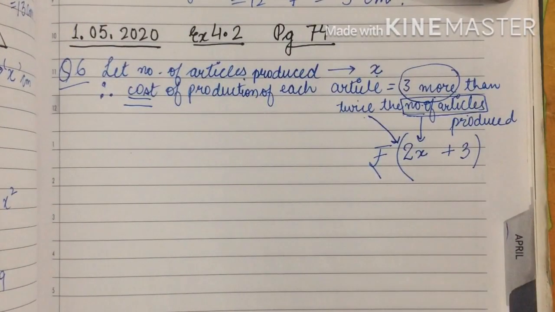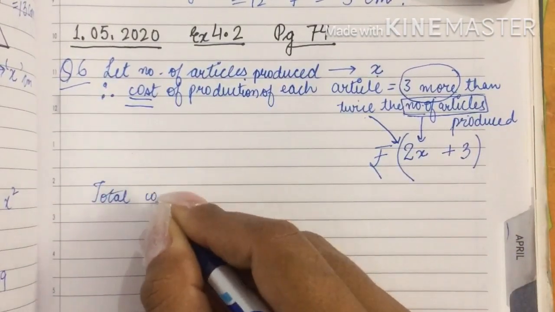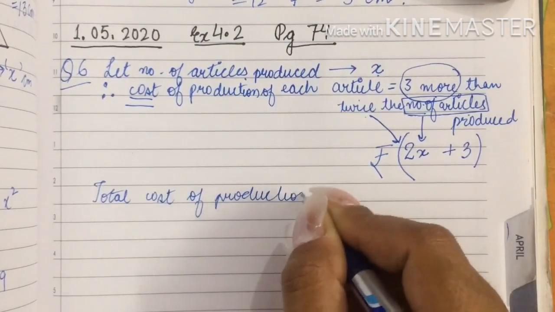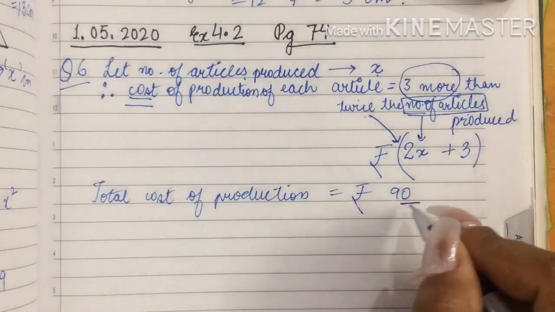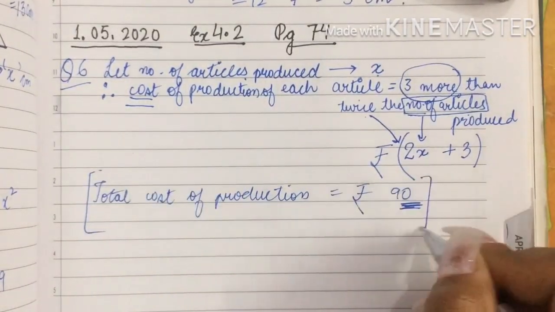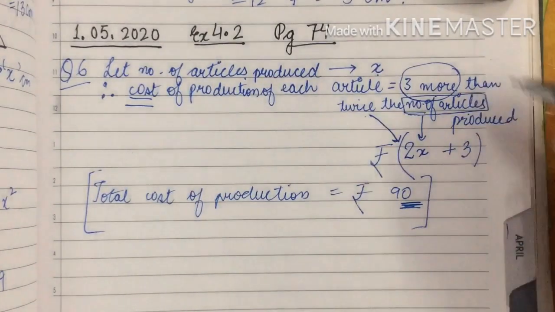Once you have this, now we have to make an equation. The equation will be made using the total cost of production. The total cost of production is given as 90 rupees. This is what I'm going to use to form my equation. But before I use this, I'm going to find the total cost of production using these two.